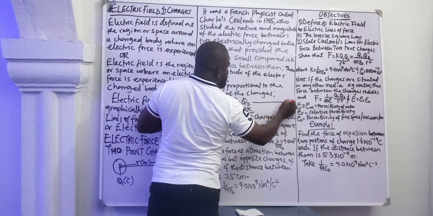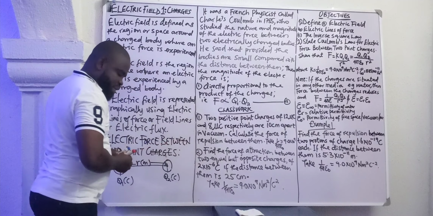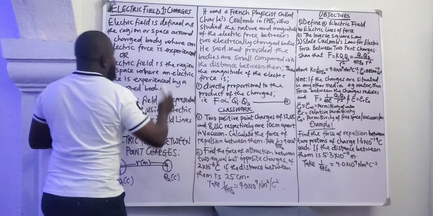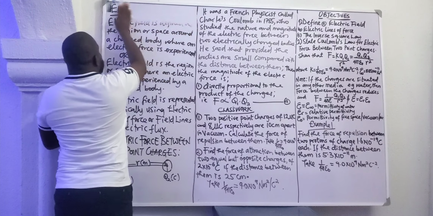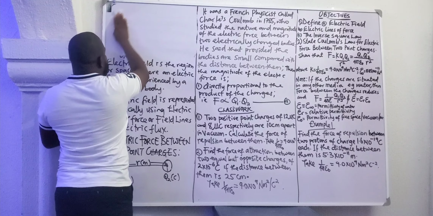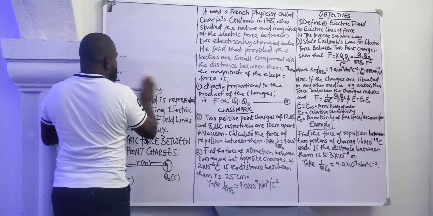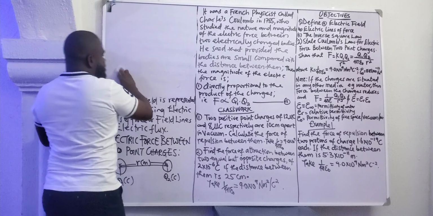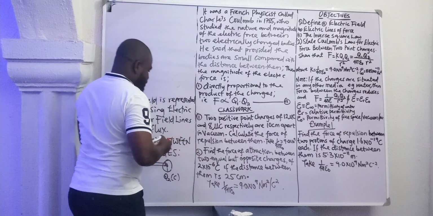Let me call that equation A. That's according to Coulomb's findings. He also said that the electric force is inversely proportional to the square of the distance between them.